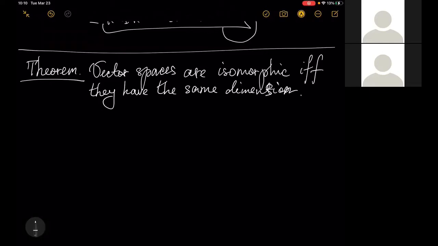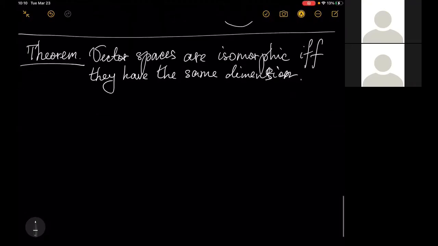So in order to prove this theorem, we split the proof into two parts.